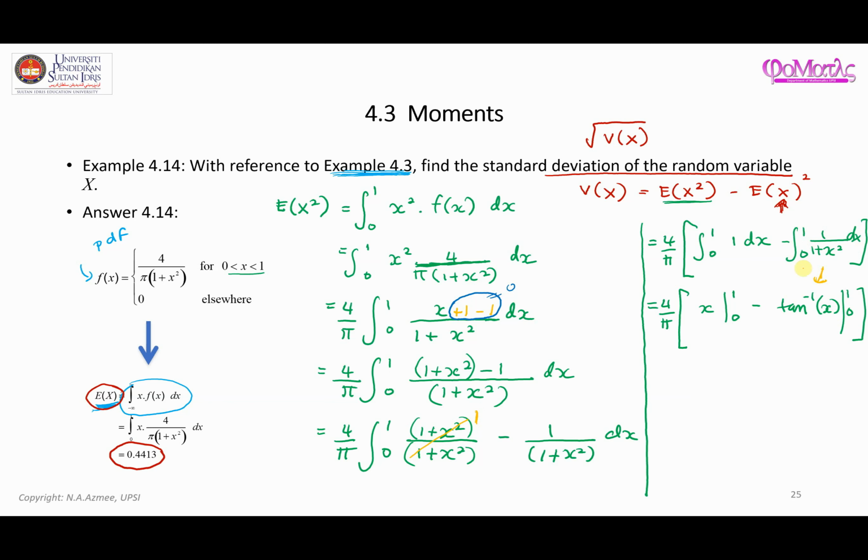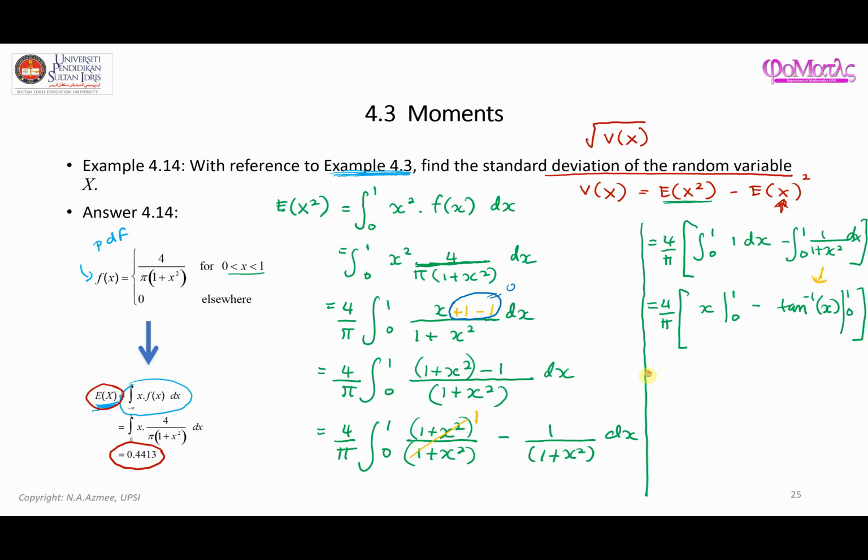If you want to find out how we do that, you can check out the next video, where I'm going to specifically talk about the integral of 1 over 1 plus x squared and how you get the result. But for the time being, we're just going to write down the result here. The result is the inverse of tangent x.